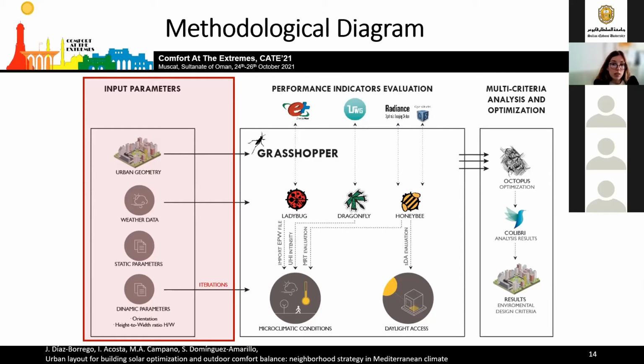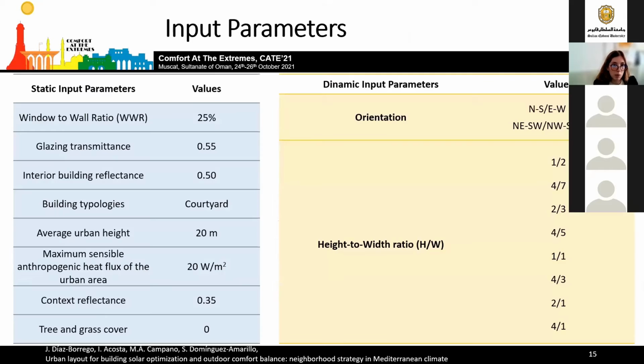In turn, the weather data file of the location under study was imported in EnergyPlus format. For its part, the simulation parameters combine both static and dynamic parameters. Static parameters are those that establish the climatic conditions and define the morphological parameters, which are intrinsic to the urban fabric to be analyzed.